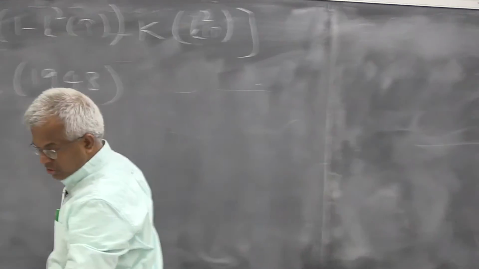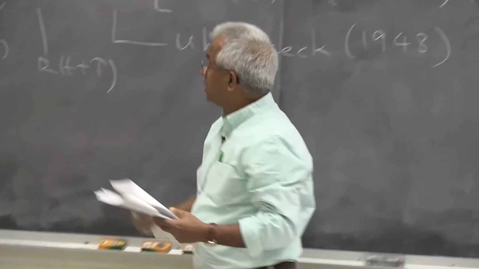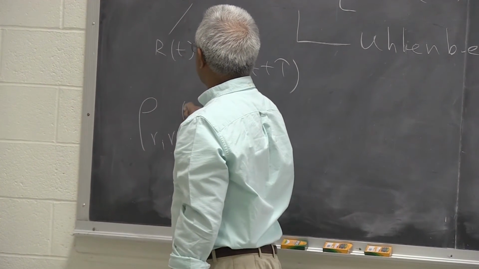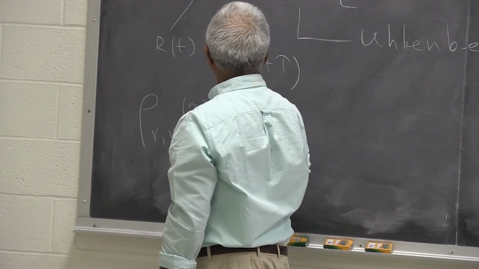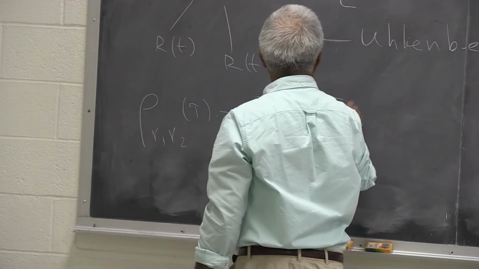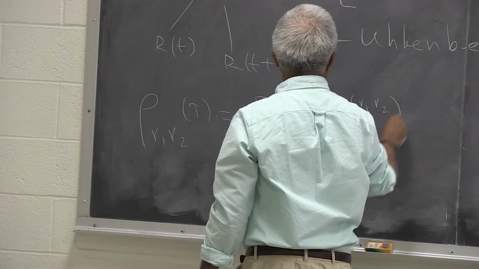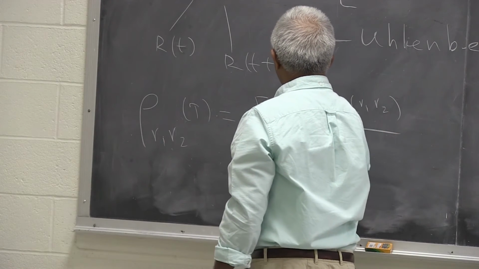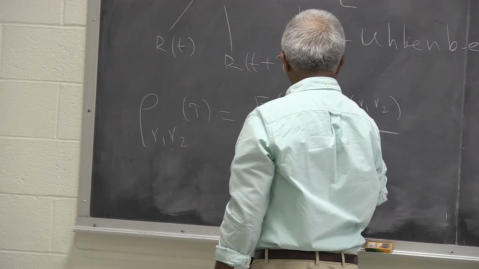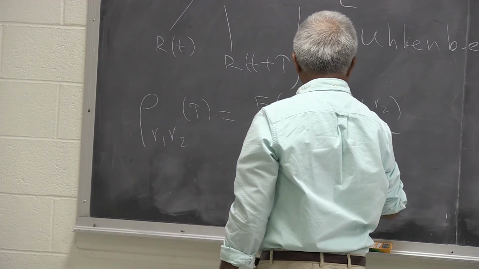So finally I just want to make one point: if you find the correlation coefficient between R1 and R2, that will be of course E[R1 R2] minus E[R1] E[R2] over the square root of the variance of R1 and variance of R2.